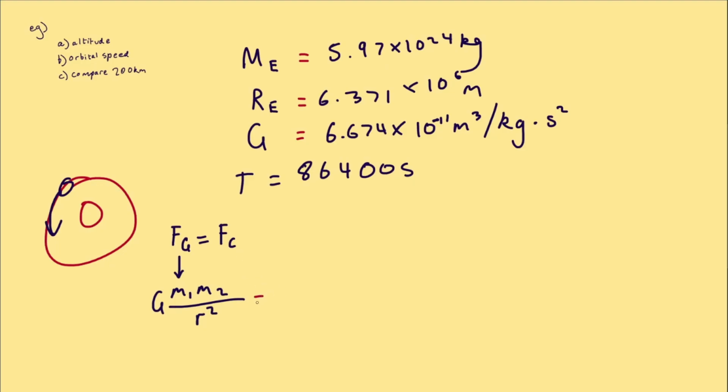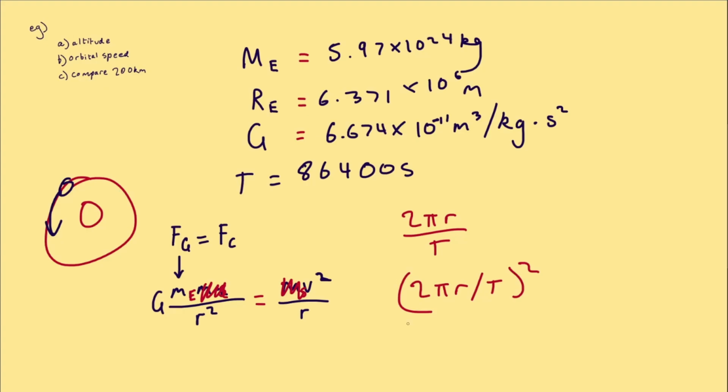And centripetal force is given by the formula mv squared over radius. Let's say mass 1 is the mass of the Earth. That means this would be the mass of the satellite. We can cancel these out. And because we know velocity is equal to circumference divided by time, then we end up with this formula. 2 pi r divided by t, squared, divided by radius.